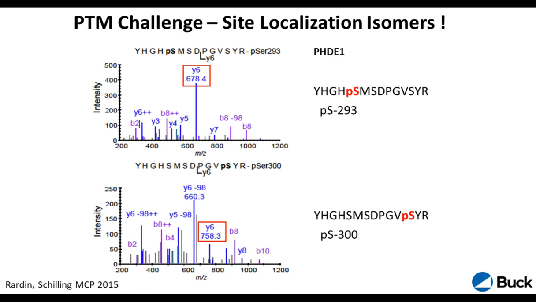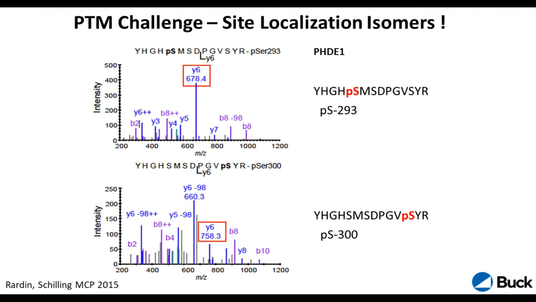One thing that I also had mentioned in the abstract, what is really interesting, is when you do have post-translational modifications, you could have a post-translational modification maybe on one site or another site in the same peptide. As I'm indicating here, you see an example where you have a phosphorylation site either on the serine 293 or on the serine 300.